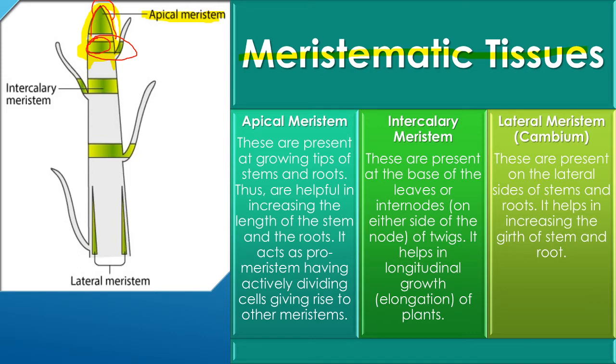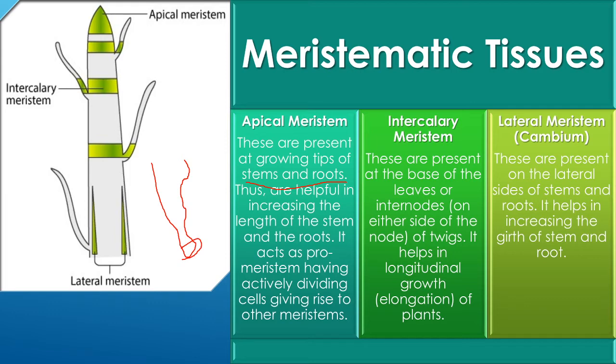Starting with the apical meristem, these are present at the growing tips. As I said, these are present at the tips so that the plant can increase its height. That is why they are present on the tips of stems and also of roots, because the roots also have to go deep into the soil to get nutrients.